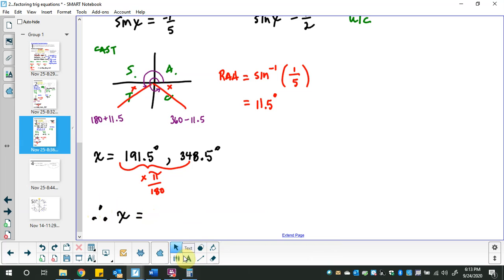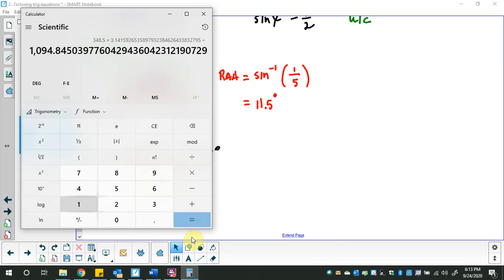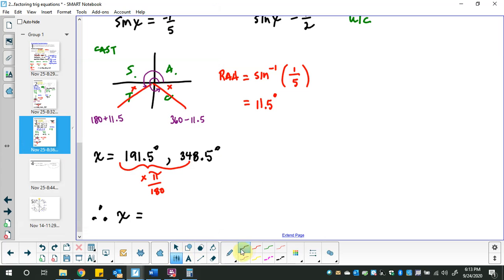So 348.5 is still on the calculator, times pi divided by 180 is equal to 6.08, and that's 6.08 radians. You have to specify.